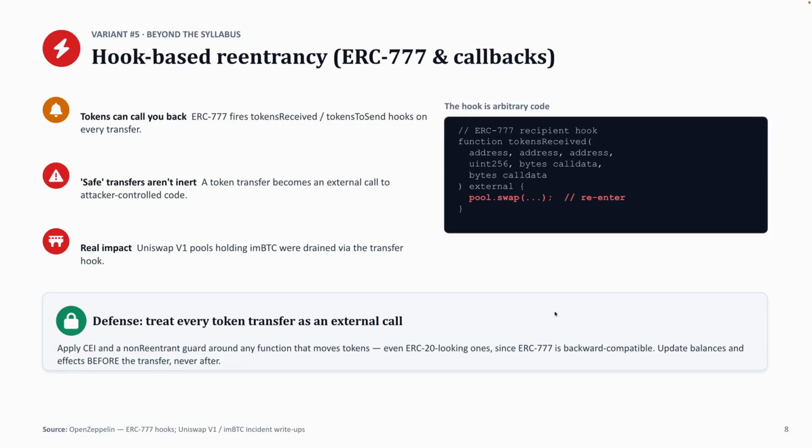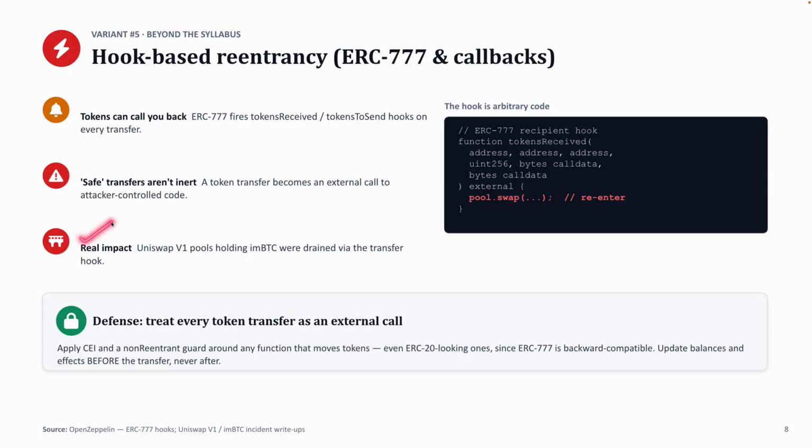For example, have a look at the tokens received hook. What it does is, it calls pool.swap. From here, the code can again re-enter into the same execution path. Safe transfers aren't inert. That is, a token transfer becomes an external call to attacker-controlled code.